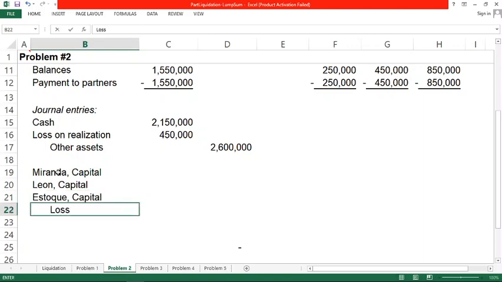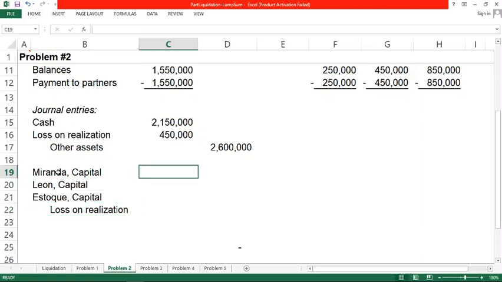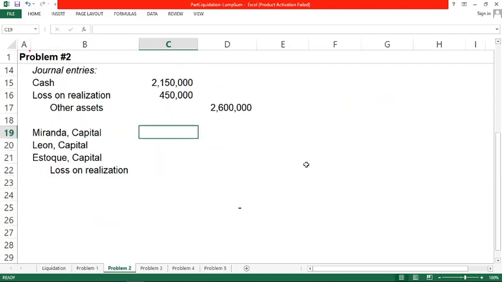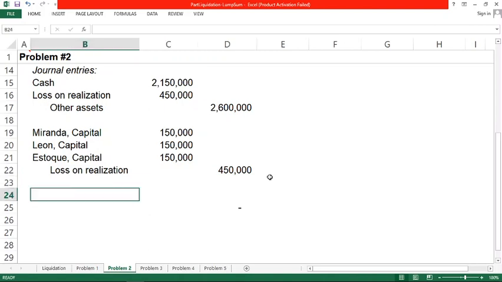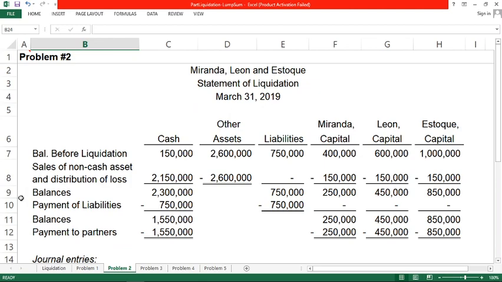In exchange of that loss on realization, these capital accounts will be decreased by 150,000 each, a total of 450,000. After absorption of loss, let us go to the next step.